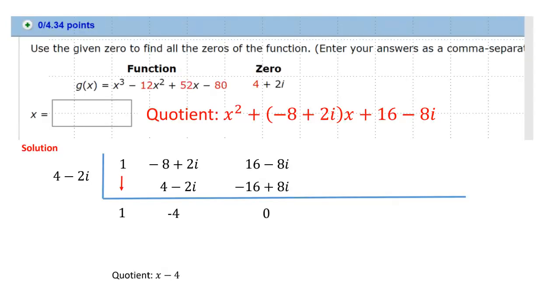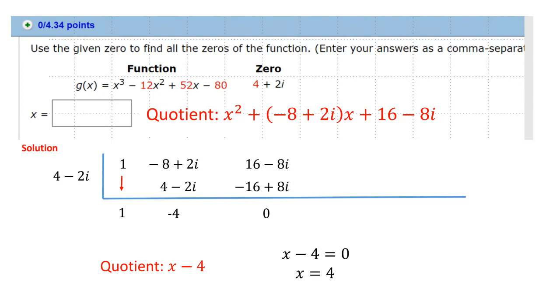So I'm going to run through the synthetic division, and I see that I have a remainder of 0. So again, if I write my quotient now, I have a quotient of x minus 4, which allows me to get my other 0, x equals 4. Okay? So again, you can use synthetic division for complex numbers.